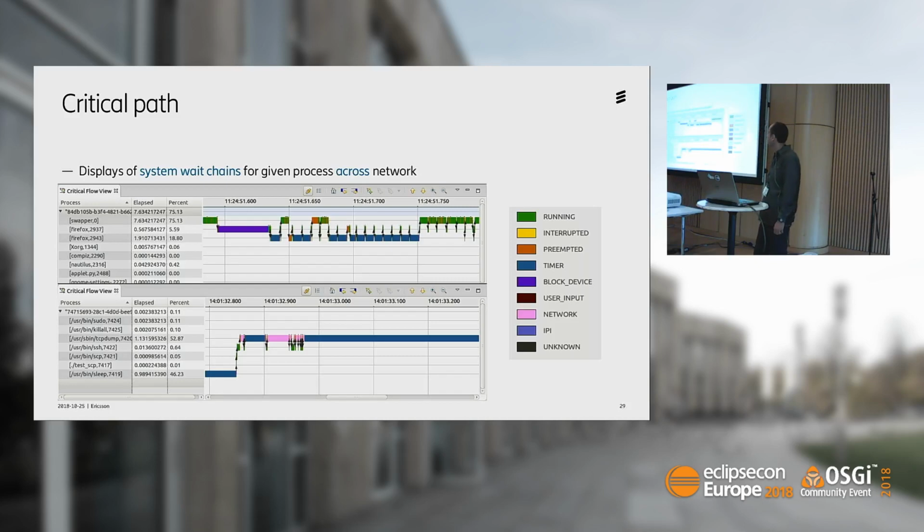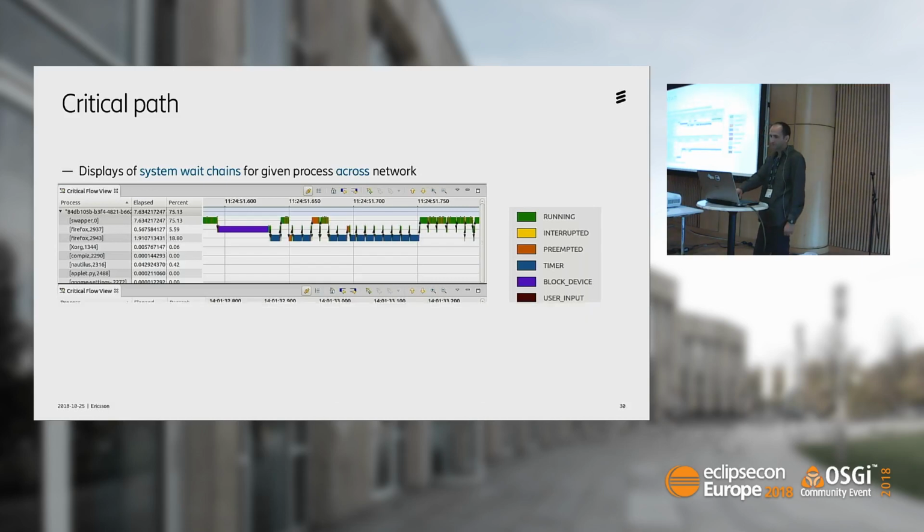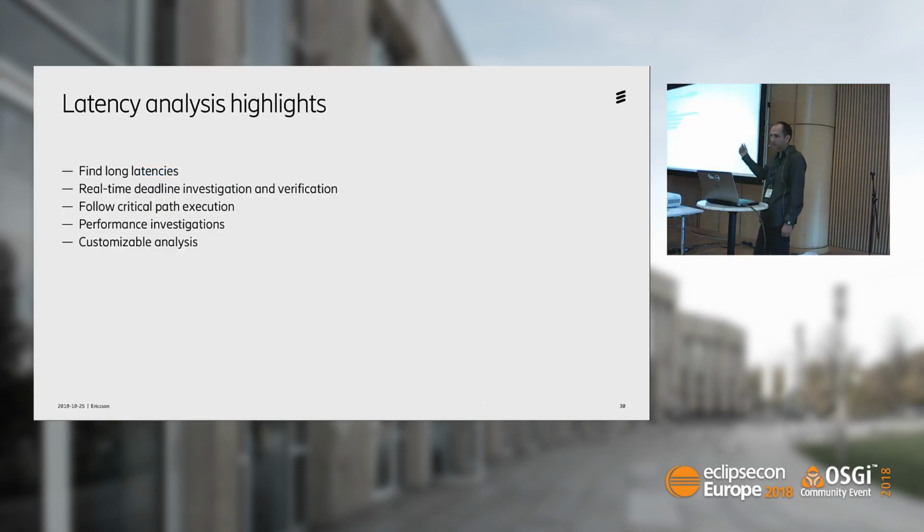He was able to figure out the reason, and once we knew that, the system admins were able to change some configurations. That's very interesting. So latency analysis highlights: find long latencies and critical paths, and use it for performance investigations.